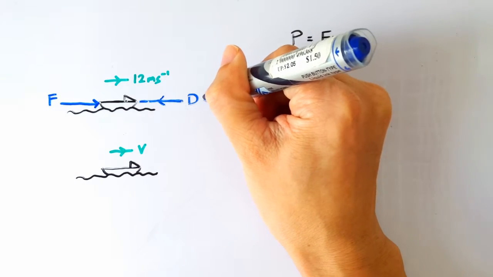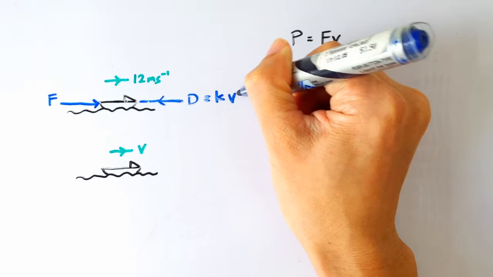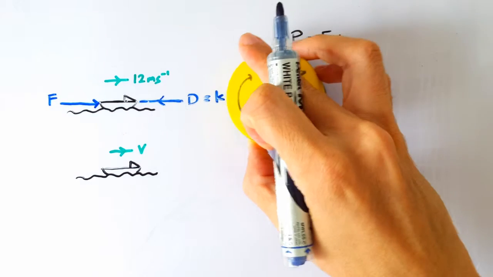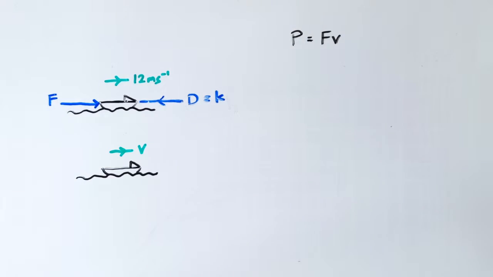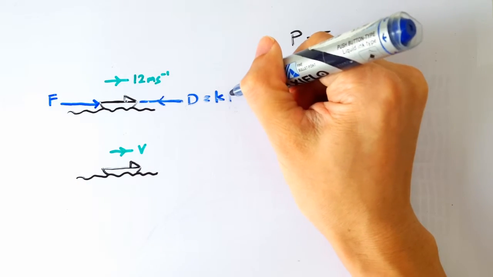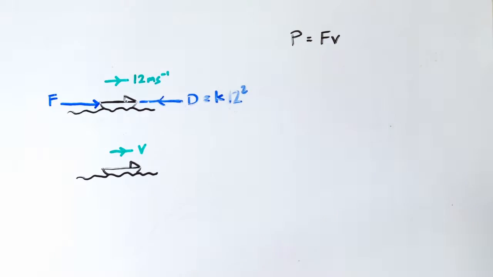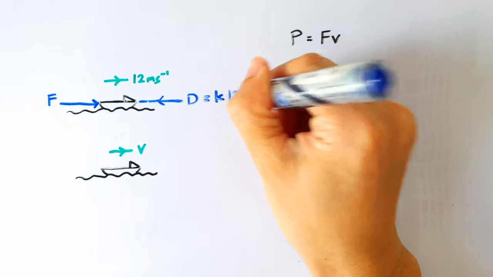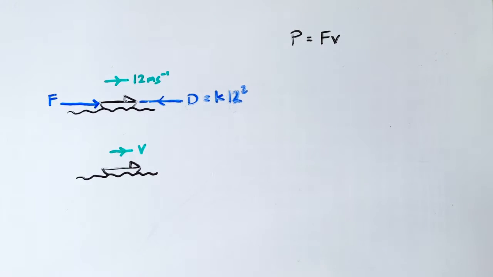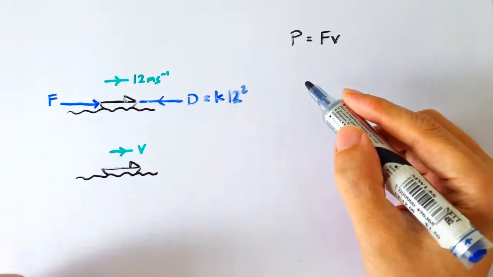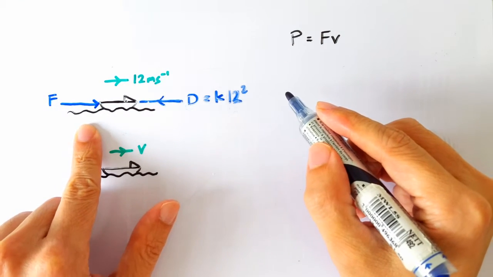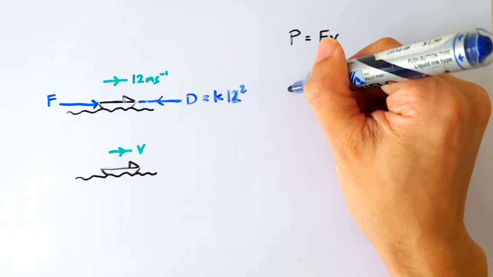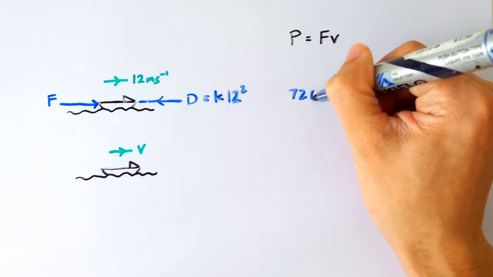So we can write this as kv squared. And since the velocity we were told is 12, we can write it as 12 squared. Okay, so the speedboat at this stage was operating with two engines, so the total power would be 72,000 watts.